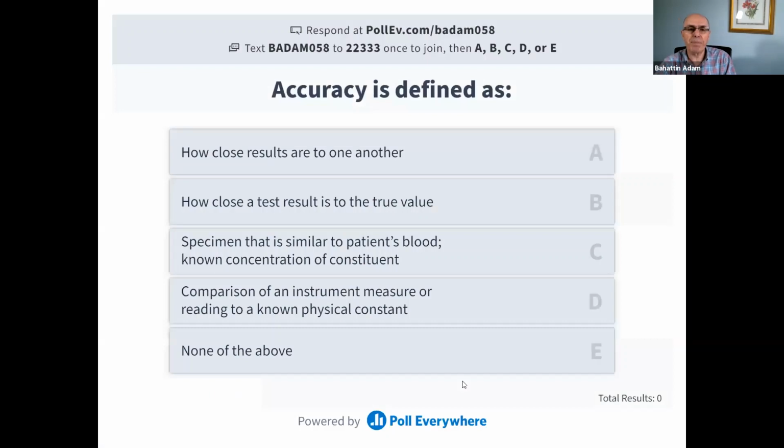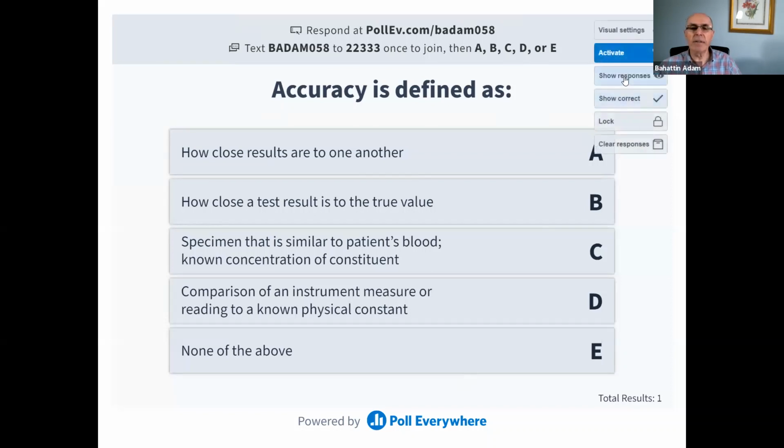Okay, now what does accuracy mean? Let's see.